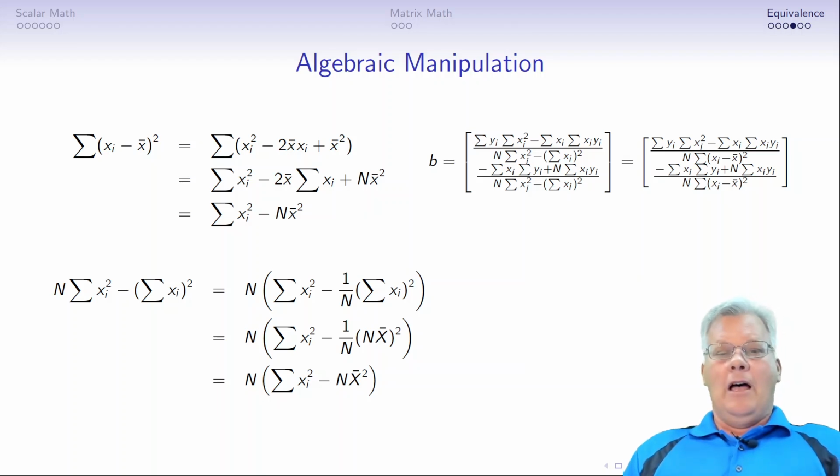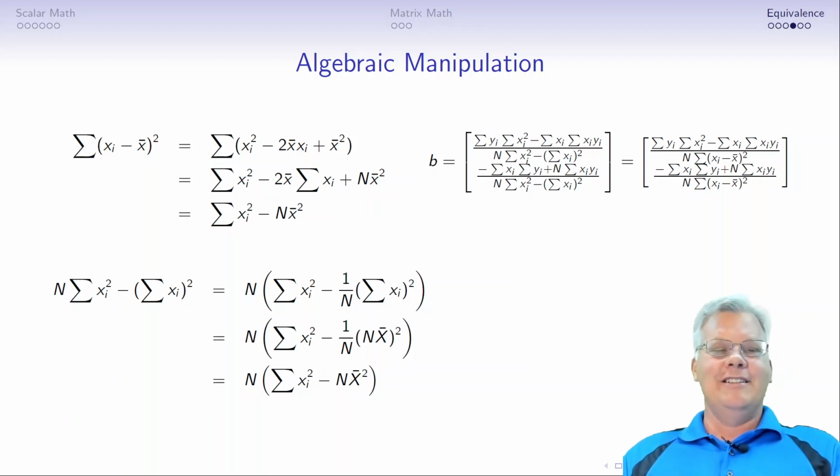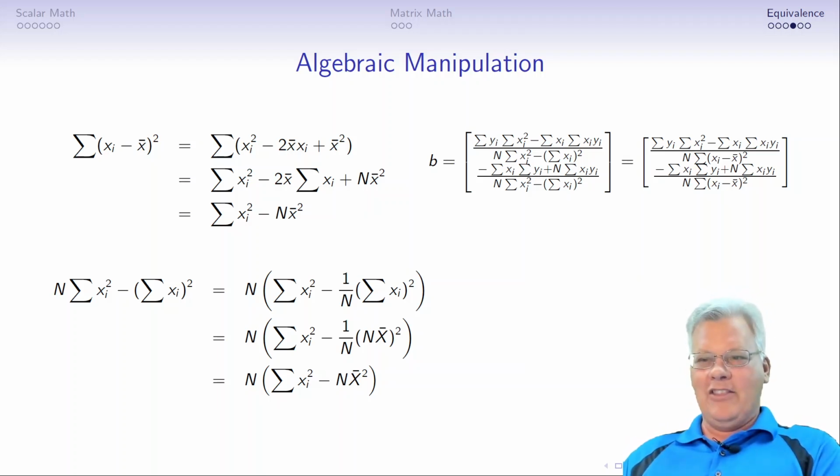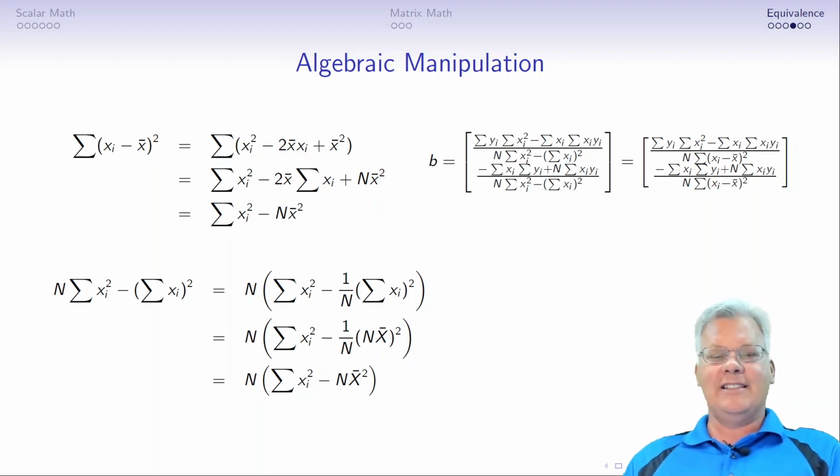So if I take the denominator from the previous slide, and actually I have it repeated at the top of the second column, that was the kind of ugly looking denominator that we had for both B1 and B2. N times the sum of the individual x sub i squared minus the sum of the xi's quantity squared.